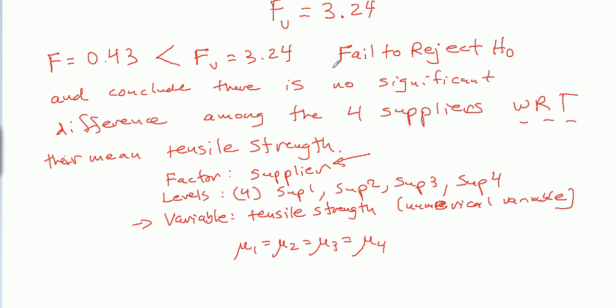You would only continue to do a Tukey-Kramer if, say, your F statistic was, let me just put a 1 there, so this became 10.43. So this inequality would go this way. We would then in turn reject H0, and we would conclude that there is a significant difference among the 4 suppliers with respect to mean tensile strength.